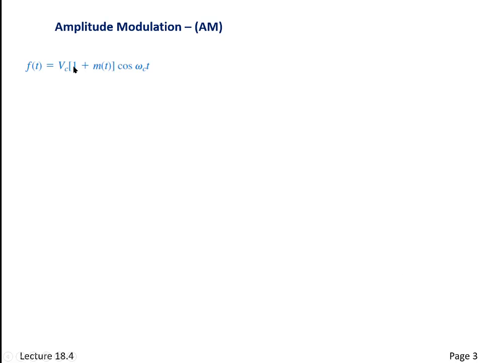This is the time domain. It's the carrier right here times 1 plus the time function of the modulating signal. Okay? And this 1 plus is simply going to provide an offset, right?